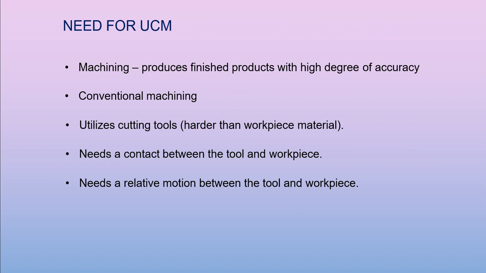In conventional machining you have to use cutting tools which may be harder than the workpiece materials, and it needs contact between the tool and the workpiece. So it needs a relative motion between the tool and the workpiece. In that case, the alternate way is to use unconventional machining.